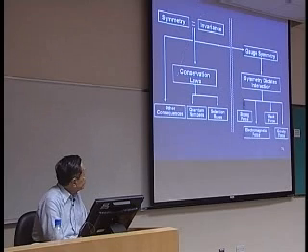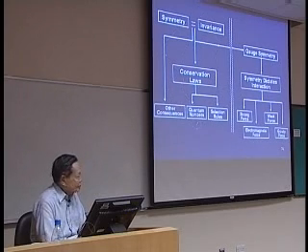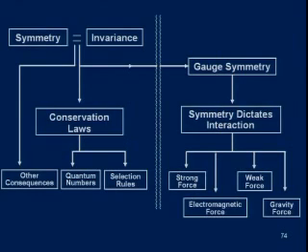So I had shown this influence of symmetry in physics on the left side in an earlier transparency. Now we have to generalize that, because there is a new branch called gauge symmetry, and there's a new principle called gauge symmetry dictates interaction.